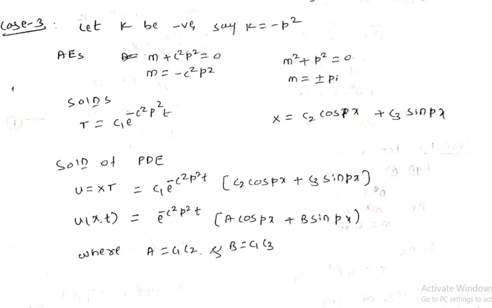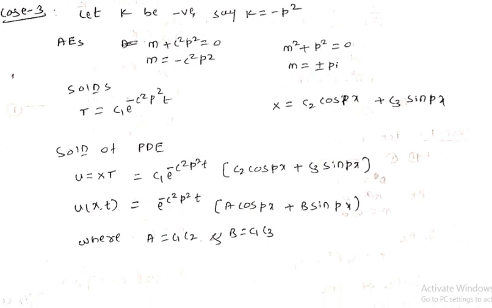Its auxiliary equation becomes m plus c²p² equal to 0, or m is equal to minus c²p². And the second term is m² plus p² equal to 0, or m is equal to plus or minus ip. So the general solution of the first term is c1 e^(−c²p²t), and for the complex roots, the second term is c2 cos px plus c3 sin px. Then use X and T in the u equal to XT equation, which gives the third solution.